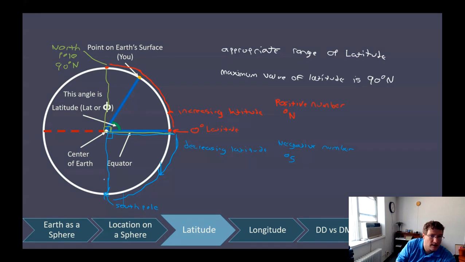Just like up here, a 90-degree angle, but because we went south of the equator, it's 90 degrees south, or, and this is the or part, negative 90 degrees, because south means negative number.